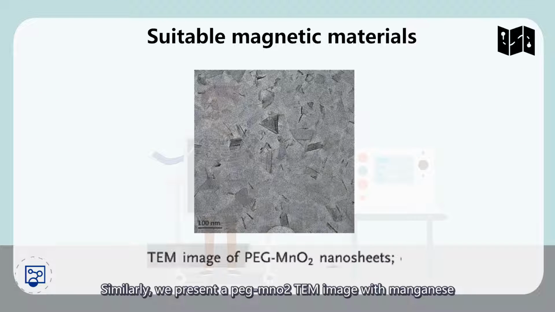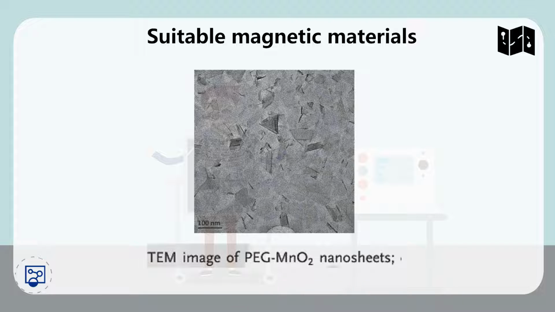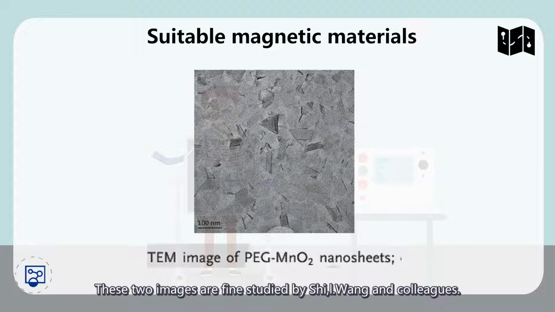Here, we present an image. We can find the manganese materials and PEG modification. These two images were studied by Shea and his colleagues.